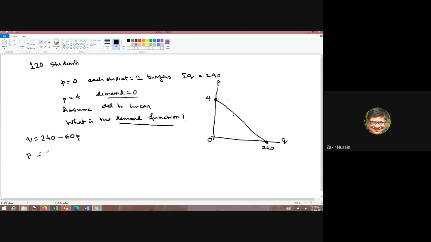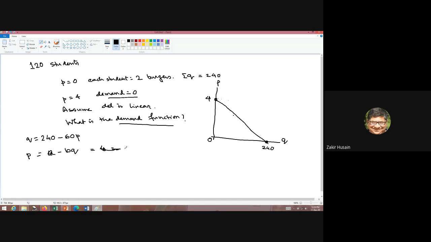Alternately, what you could have done was find the inverse demand function. So this is A minus BQ, where A is 4. You can simply take this demand function and plug in values of price and quantity.